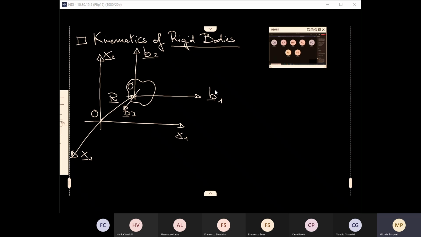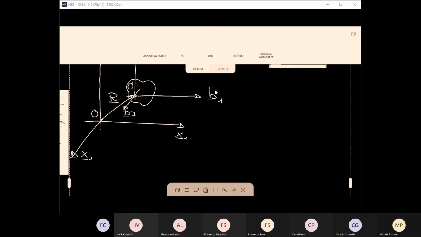Then the other 3, we have to somehow describe the orientation of the local frame. Okay, how can we do that? Well, let me just introduce again the frame.